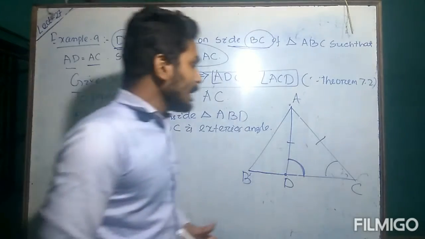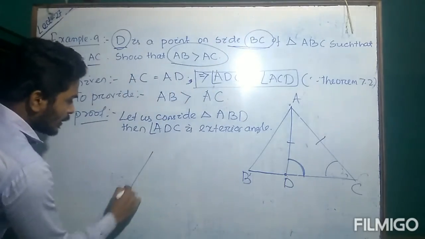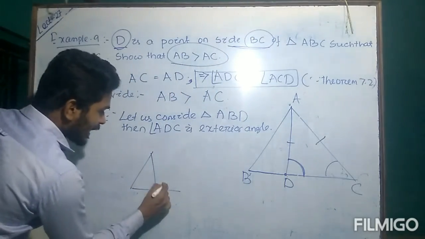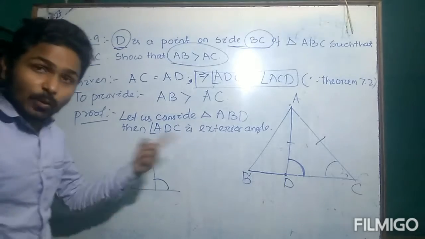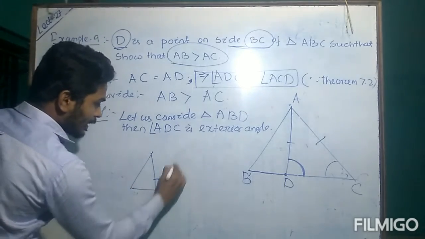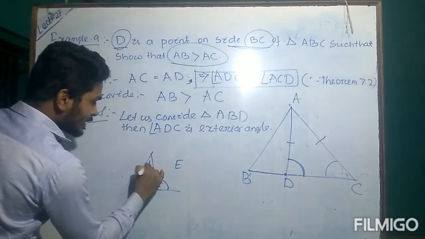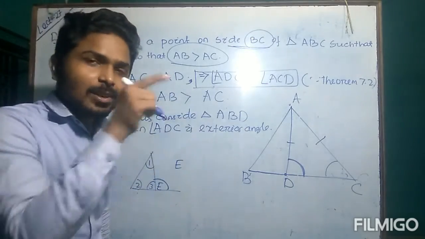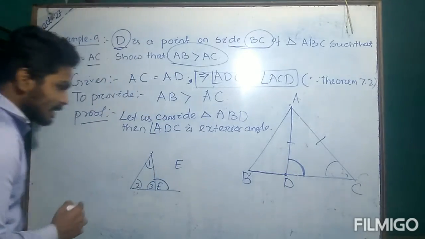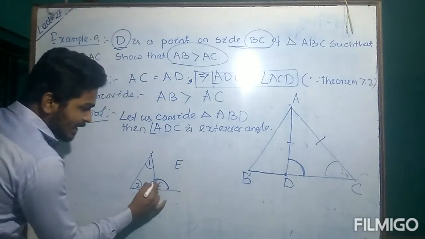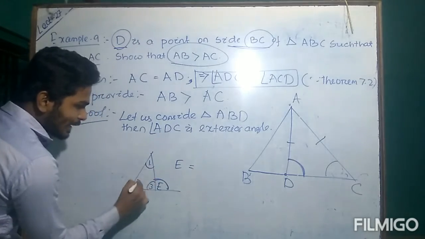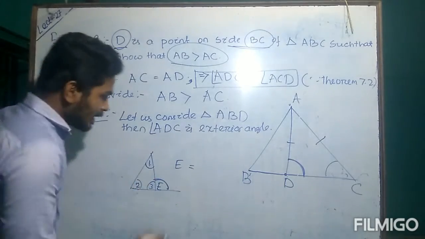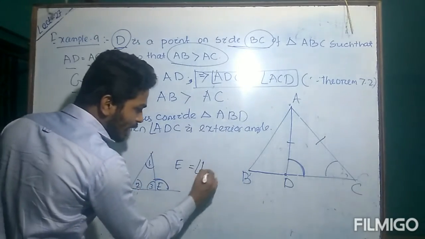We know that in a triangle the exterior angle is equal to the sum of the two interior opposite angles. It is a theorem. So you can write exterior angle is equal to angle 1 plus angle 2.